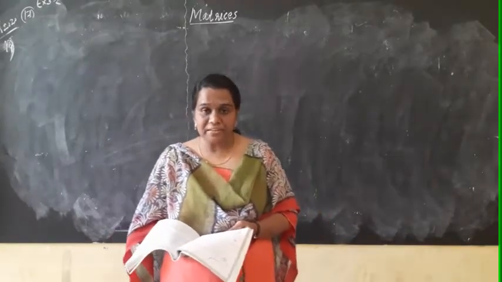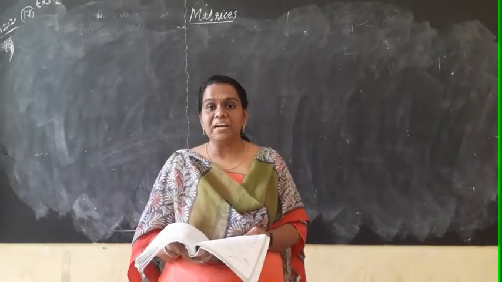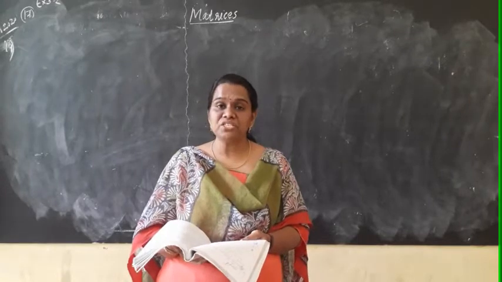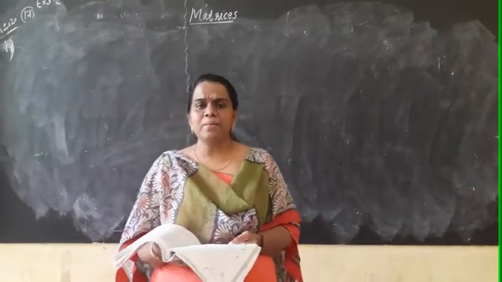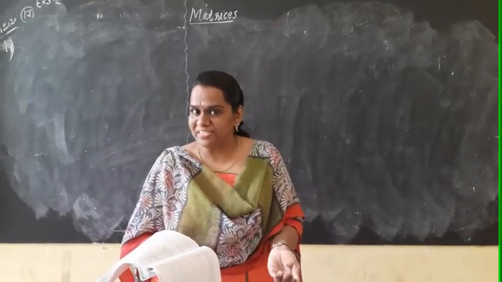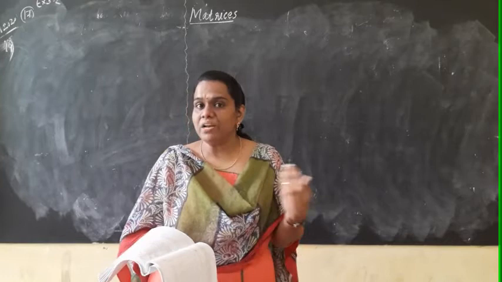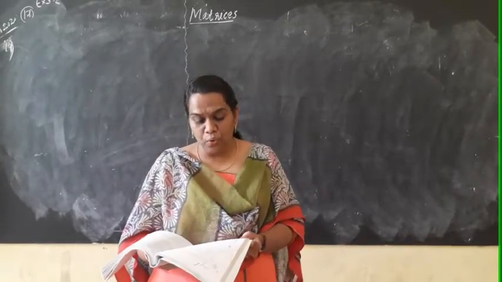A trust has a fund of rupees 30,000. They are going to invest this fund in two different types of bonds. That means different bonds, like in different banks, give different interest. Similarly, in different bonds the interest is also different.